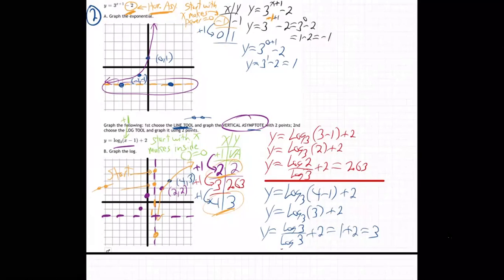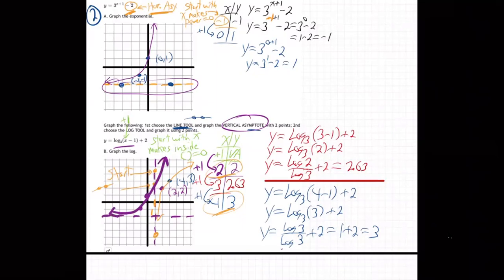Over 1, down 1, right there. And the graph goes like this. Sort of goes like that.